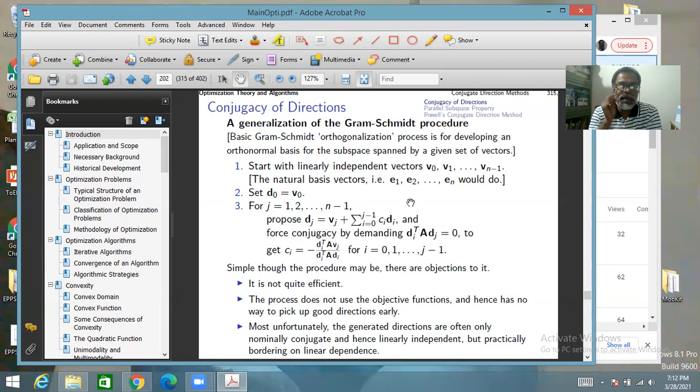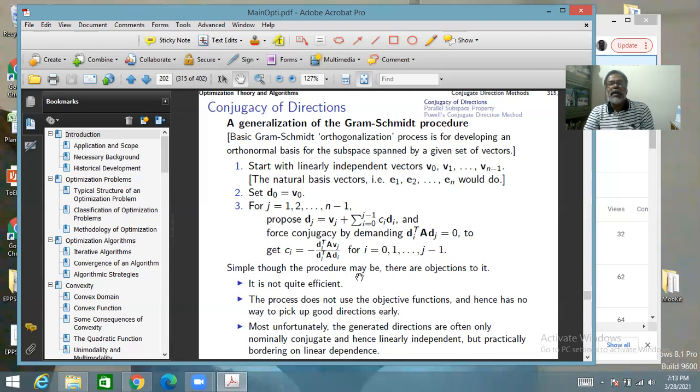But the most troublesome point of this method is that even though the generated directions are nominally and mathematically conjugate and therefore linearly independent, sometimes it happens that they are just nominally linearly independent. Actually, the new direction makes just a small 5-degree angle with an old one, or a 5-degree angle with the plane of two old ones.